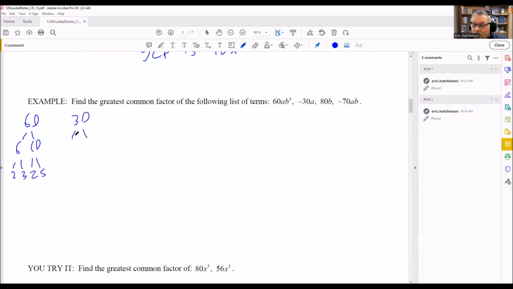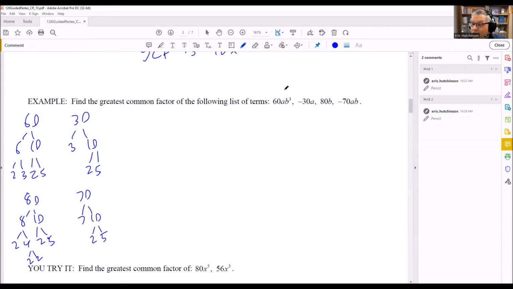For 30, we have 3 and 10 or 2 and 5 there. For 80, 80 is going to be 8 and 10, 2 and 4, 2 and 5, and then this is going to be 2 and 2 down there. And then we have 70, which is 7 times 10 or 7, a 2, and a 5.